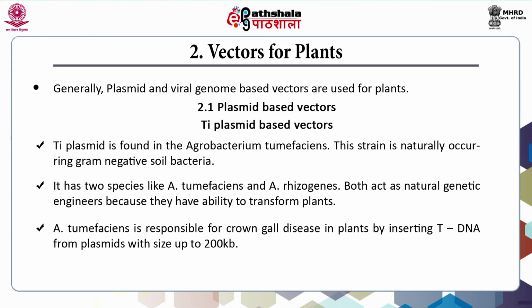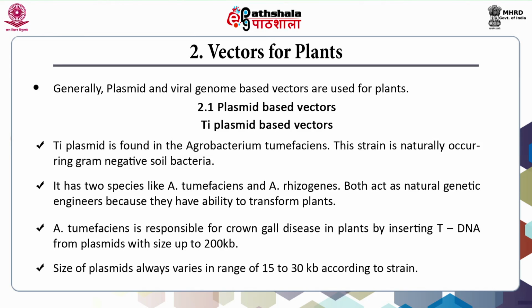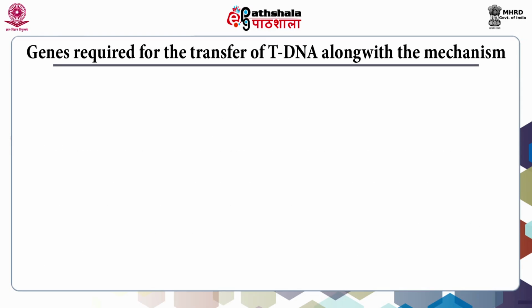Agrobacterium tumefaciens is responsible for crown gall disease in plants by inserting tDNA from plasmids with size up to 200 kb. The size of plasmids always varies in the range of 15 to 30 kb depending upon the strain. Coming to the next slide, what are the different genes that are required for the transfer of tDNA along with the mechanism?